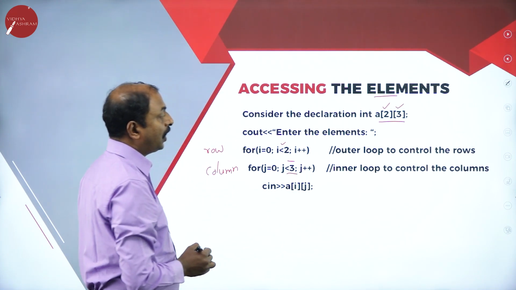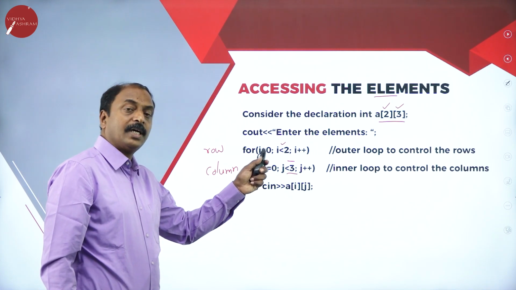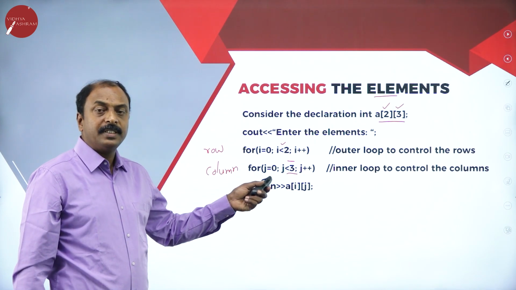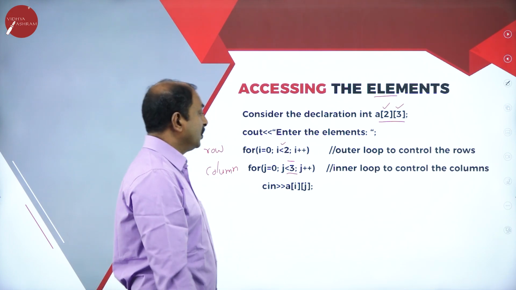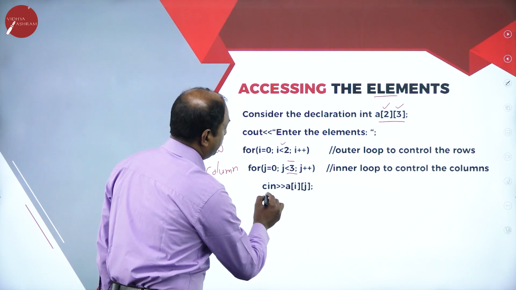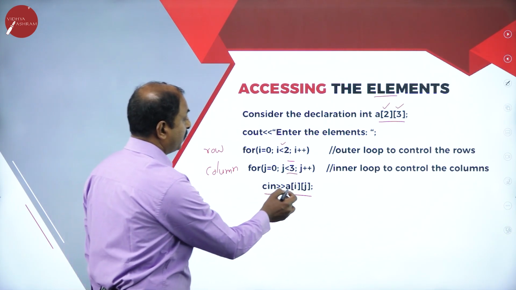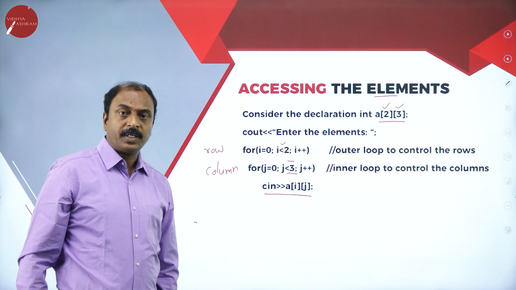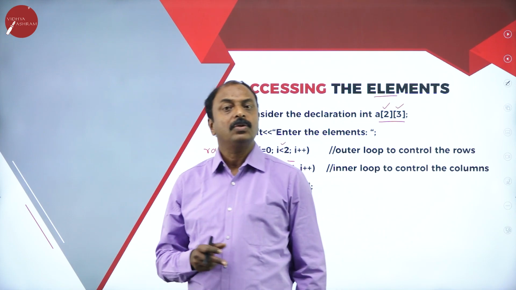This is how we use the j loop inside another for loop, the i loop. It is called a nested loop, where we use one loop inside another for loop to work with a two-dimensional array. Accordingly, we use the scanf statement, and here a[i][j]. Here i stands for rows and j stands for column. Observe that we are using two for loops, or a nested for loop, to work with a two-dimensional array.